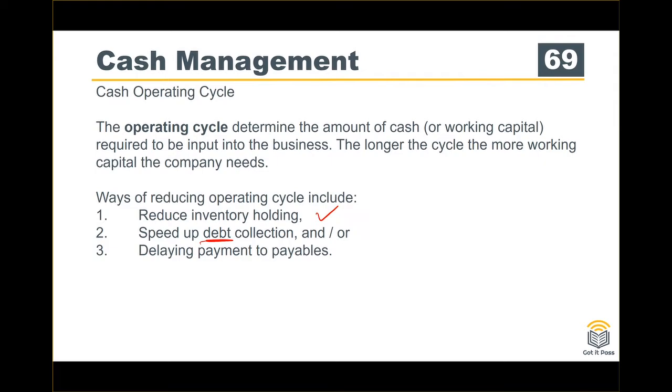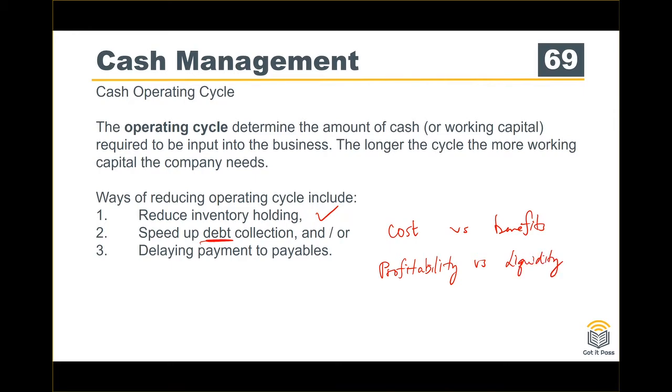But remember, it's about the cost versus benefits. Any costs, any benefits. And also remember, there's a conflict between profitability and liquidity.